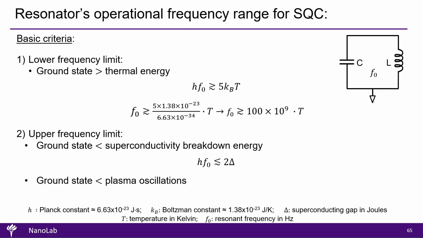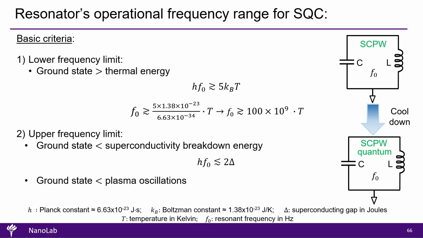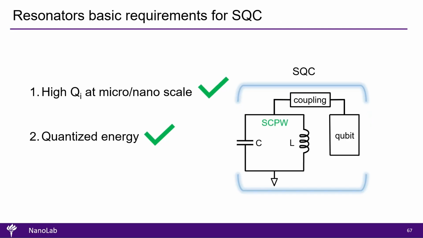Given these constraints, the common practice is to cool superconducting quantum resonators to millikelvin temperatures. Typical dilution refrigerators operate around 20 to 40 millikelvin, so resonance frequencies above 2 or 4 GHz are usually targeted for quantum SCPW resonators. These considerations place these resonators firmly in the microwave domain. Using SCPW and cooling them down fulfill these two basic requirements to use them in superconducting quantum circuits.